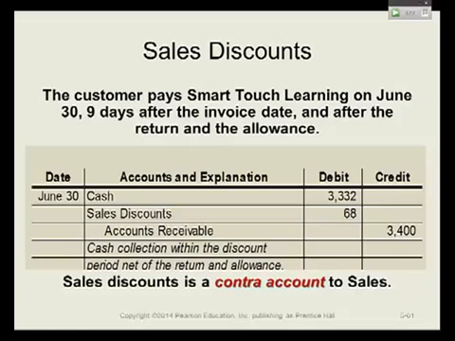Slow it down, please. You have sales returns and allowances of $1,600, and then you have sales discounts of $68.